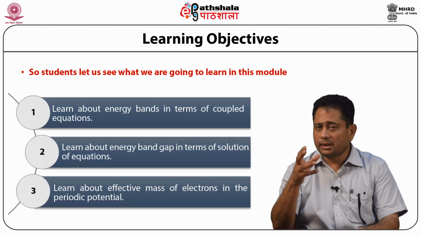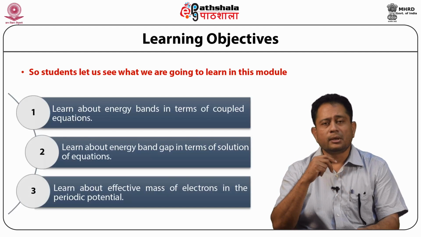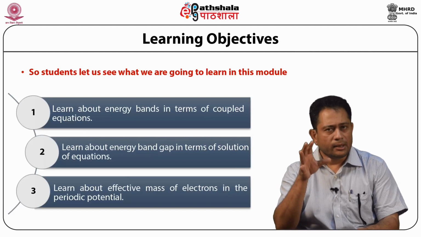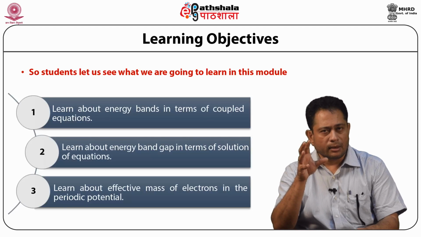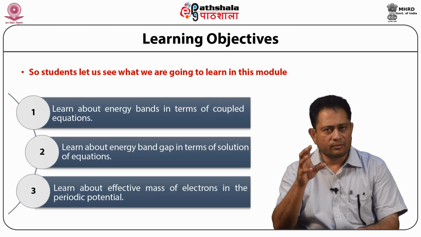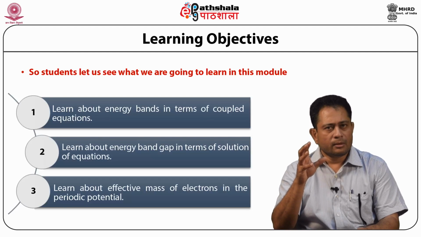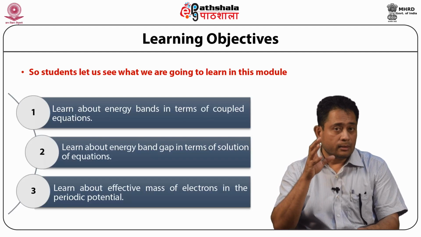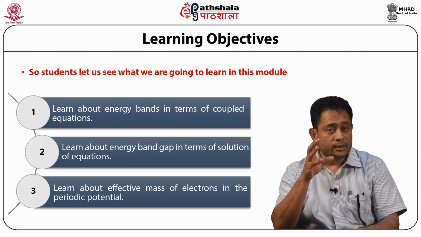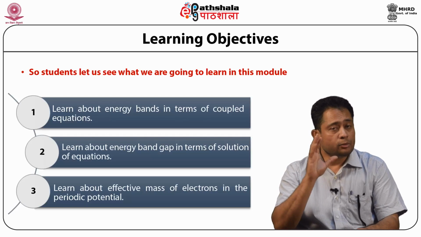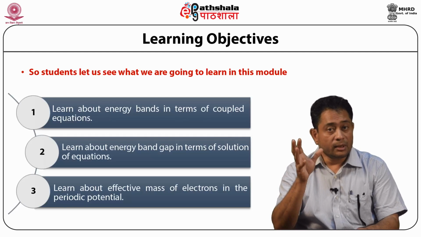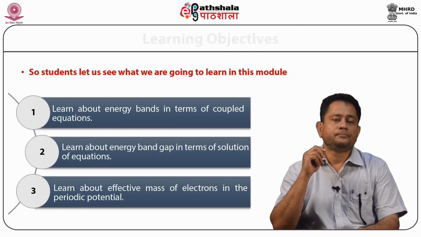This effective mass concept I had already introduced earlier, but here we will give a very concrete definition of what exactly the effective mass is, and also we will learn how this effective mass changes sign. So it can be both positive and negative. Remember that the usual mass cannot be negative, but the effective mass can be negative.